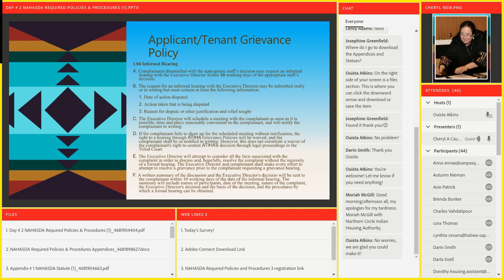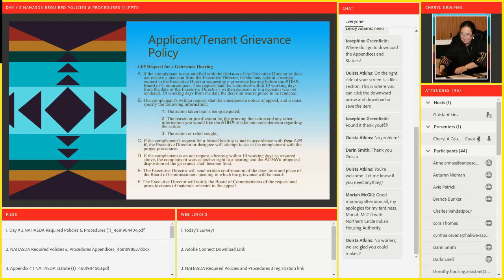A written summary of the discussion and the executive director's decision will be sent to the complainant within 10 working days of the date of the informal hearing. The summary will include names of the participants, date of the meeting, nature of the complaint, the ED's decision and the basis of the decision, and the procedures by which a formal hearing can be obtained.